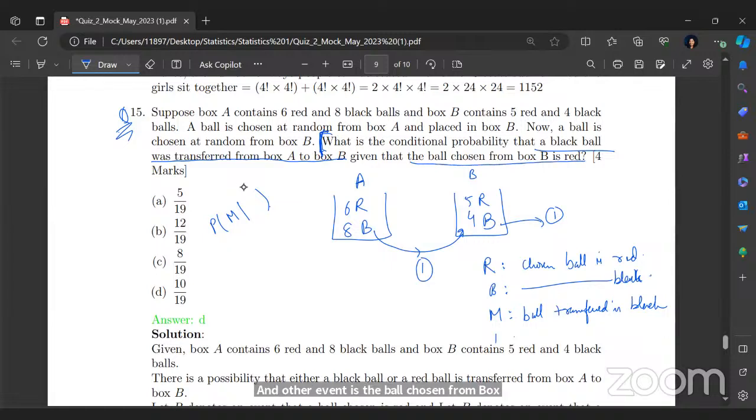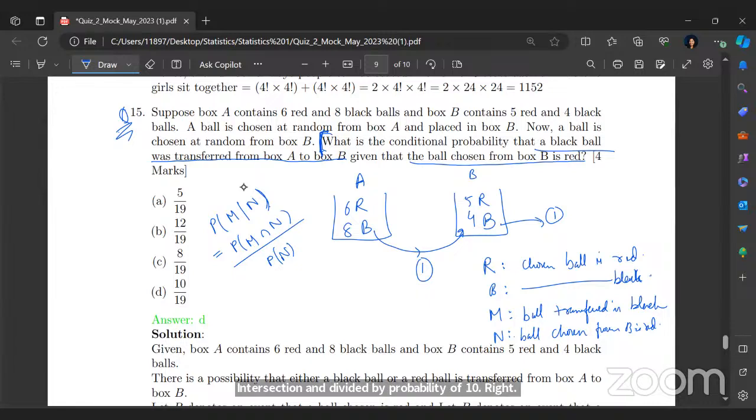So I can define N as ball chosen from B is red. Okay. So we have to find probability M given N, right? So this will be what? Again, you use the conditional probability. What is M given N? This would be probability of M intersection N divided by probability of N, right?